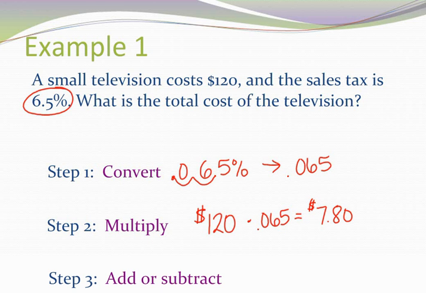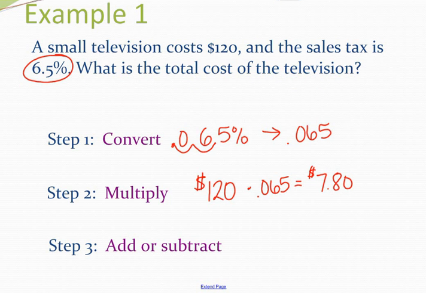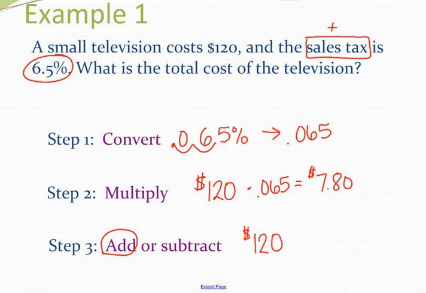Step 3 is to add or subtract. Okay? In this case, it says sales tax. We know that is the time that we add. So we're going to be adding our $7.80. So we have $120 that the TV originally costs, plus $7.80 that we have to pay in tax. So we get $127.80 as our final bill.